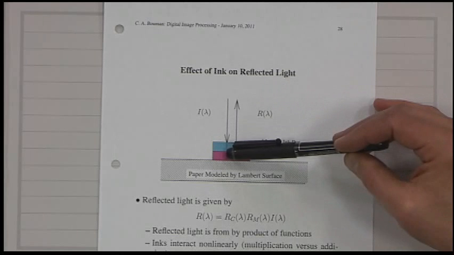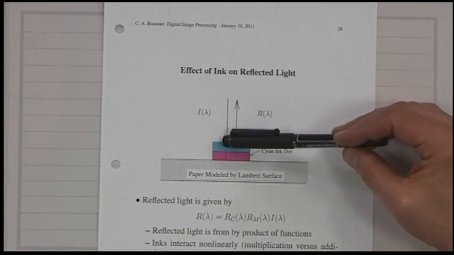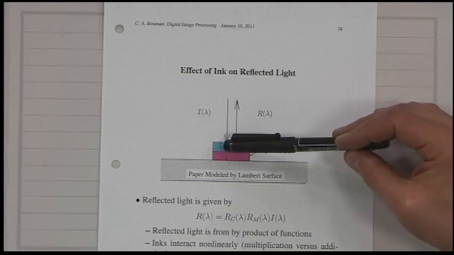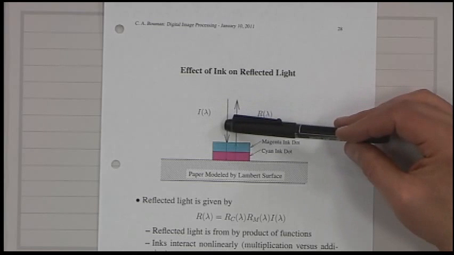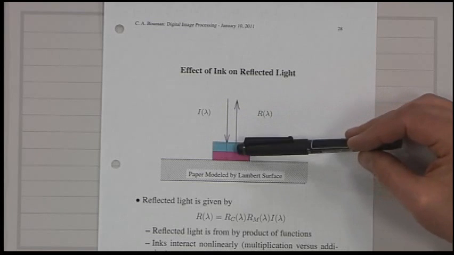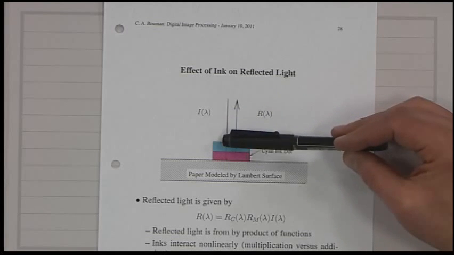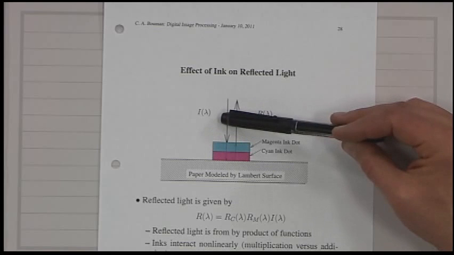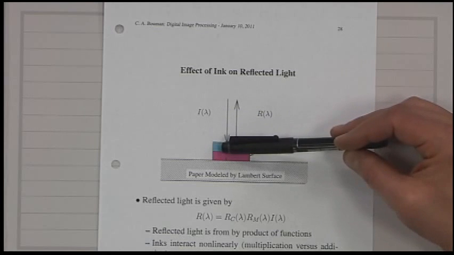At some wavelengths the absorption is more rapid, and at other wavelengths it's less rapid. But the important thing is that for the absorption of different materials, assuming that the light goes through, bounces off the surface, and comes back, which is an important assumption, the effect is multiplicative. In any case, it's a nonlinear effect.